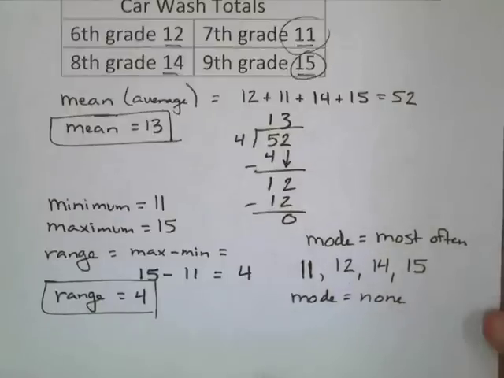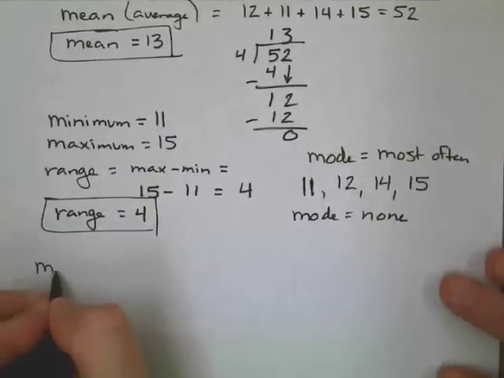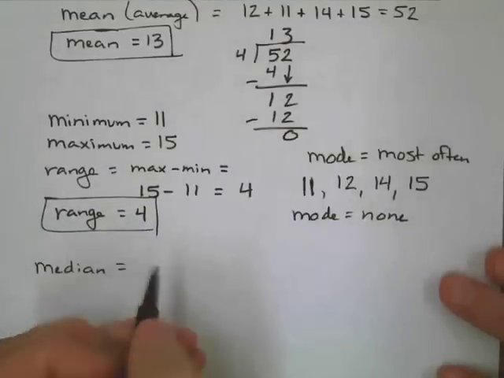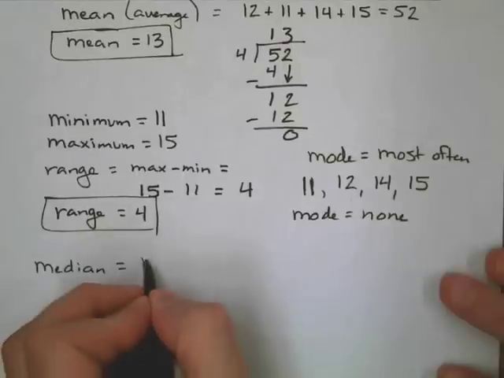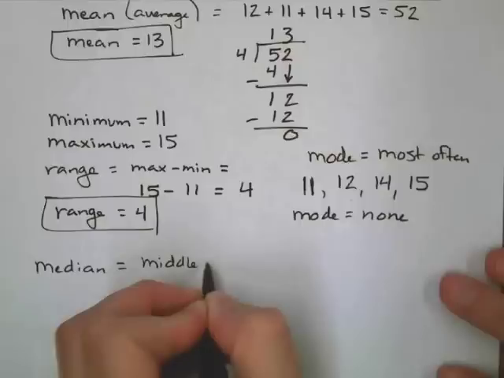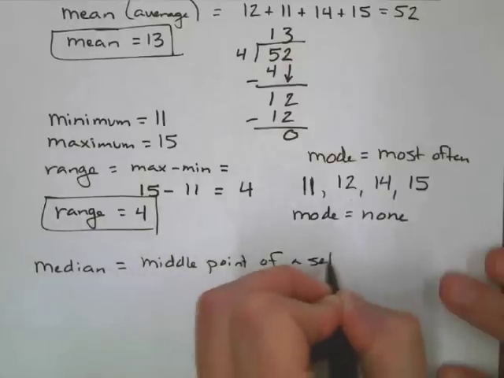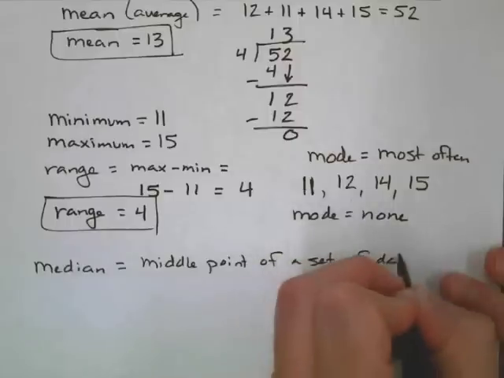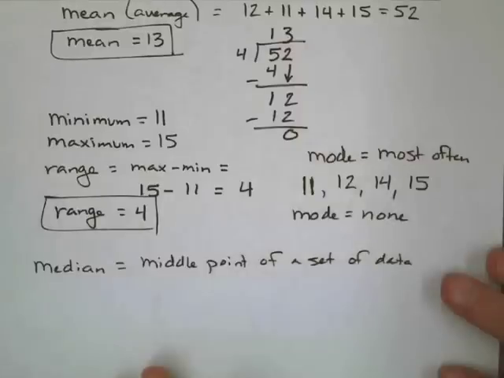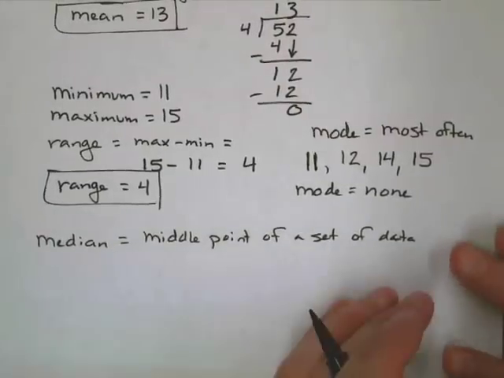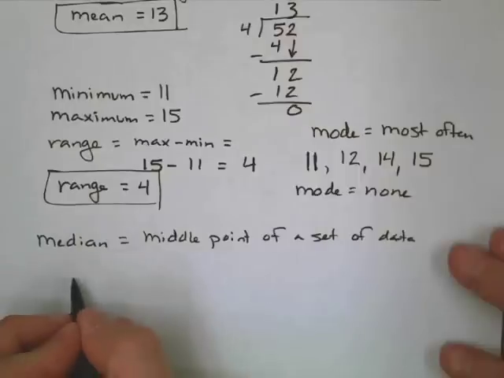So finally, we want to look at median. And median is the number, kind of the middle point. The middle point of a set of data. And when we're doing that, when we find the median, the first thing we want to do is take our data and put it in numerical order from least to greatest.